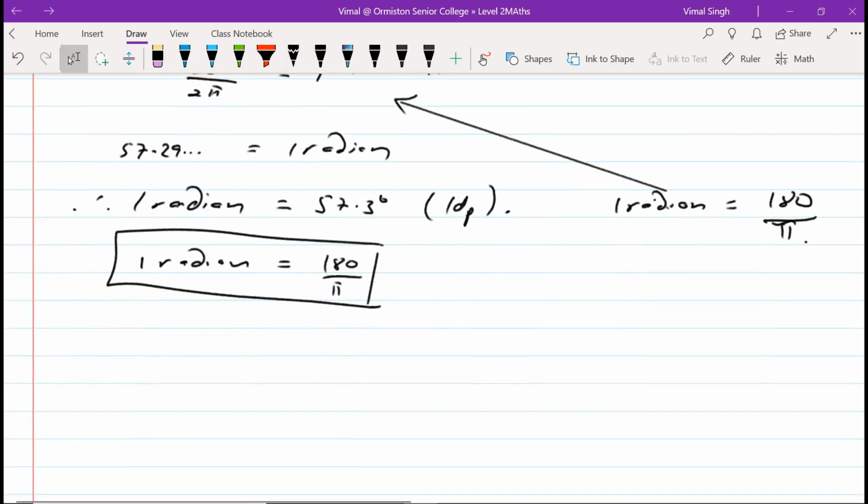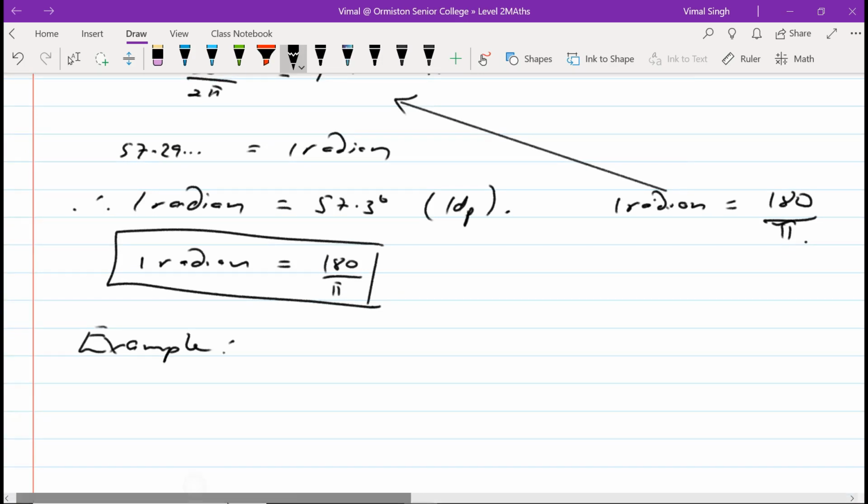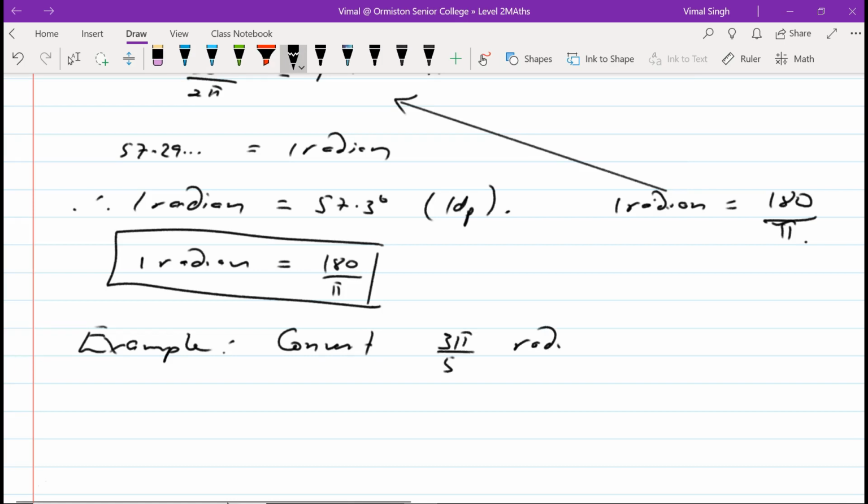So for example, convert 3 pi over 5 radians to degrees.